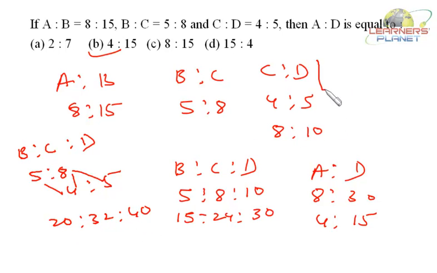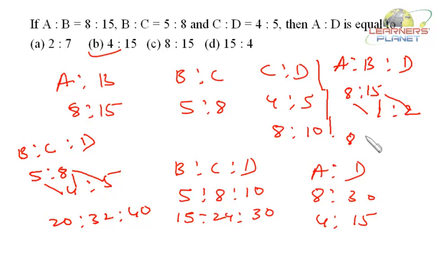Okay. Now A is to B is to D. A is to B is 8 is to 15, and B is to D is 1 is to 2. Okay. So it's 8 is to 15 is to 30. That means 8 is to 30, that is 4 is to 15. So this is a smart way or a short way to solve the problem. I hope you are clear with the concept.